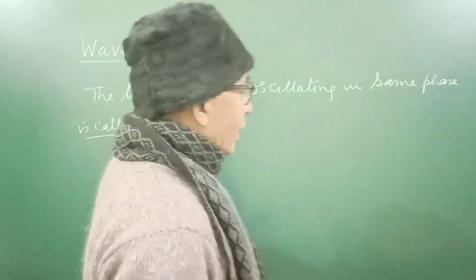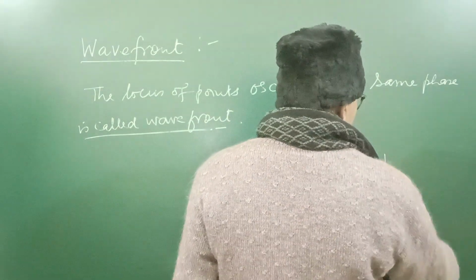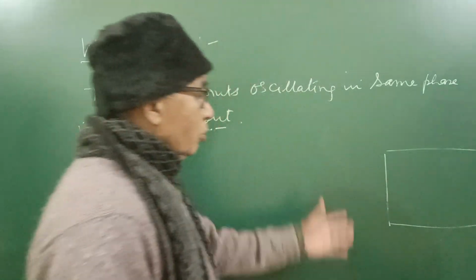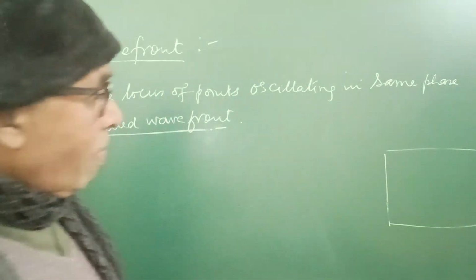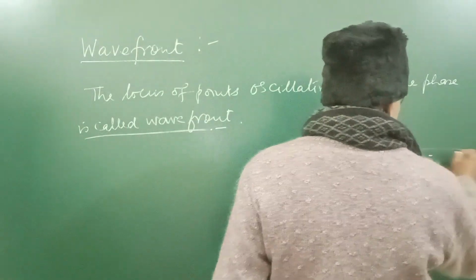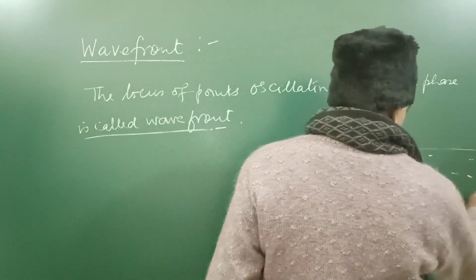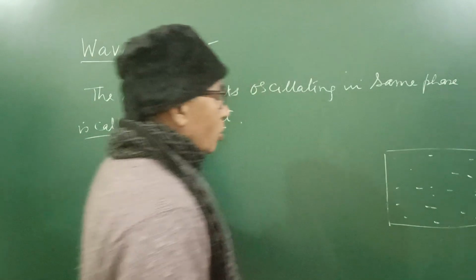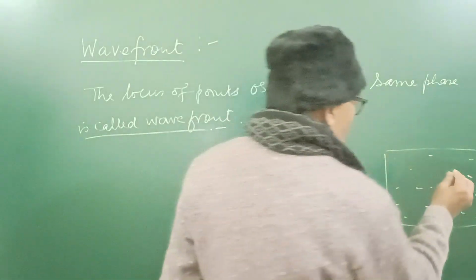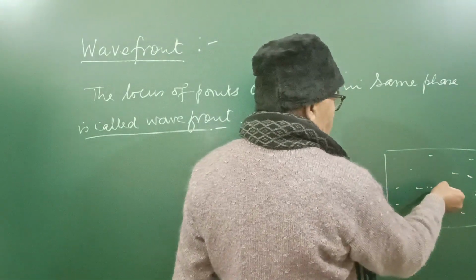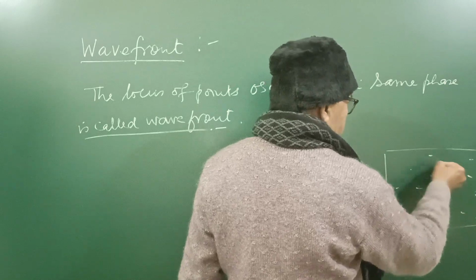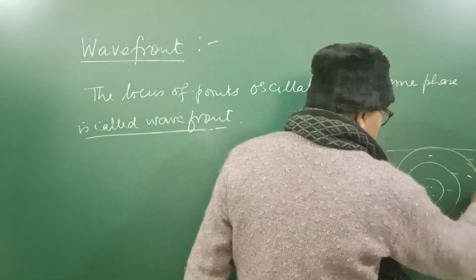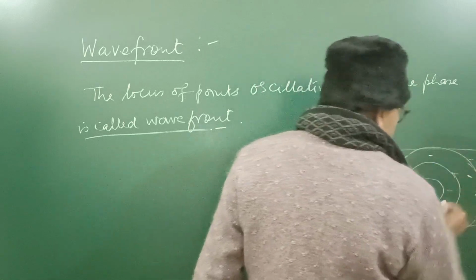Now I may give an example here. If this is some container of water, suppose it is a trough of water. Here water is filled, and by using a rod, you dip the rod here again and again, so circular ripples are formed.